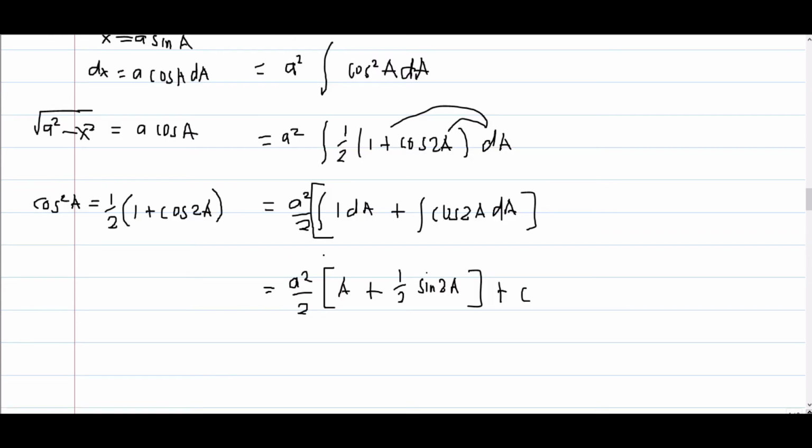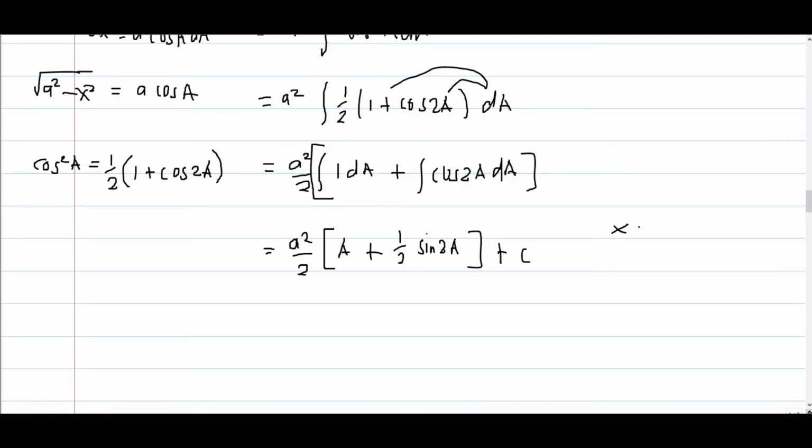We can substitute the equivalent of sine 2θ and also this θ. So x is equal to a sine θ, so we have sine θ is equal to x over a.